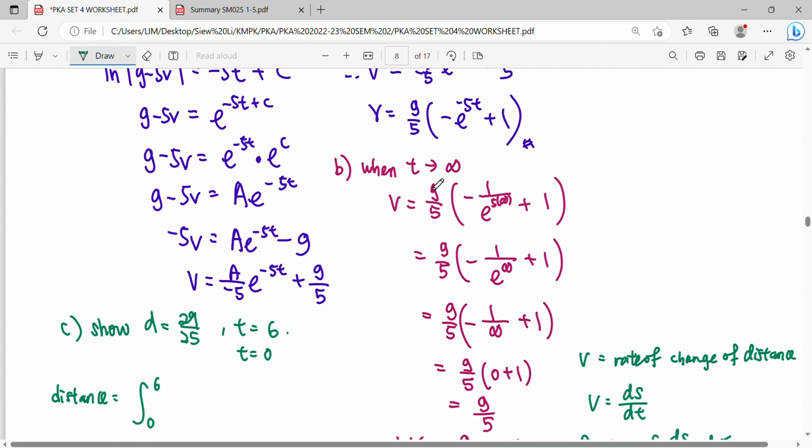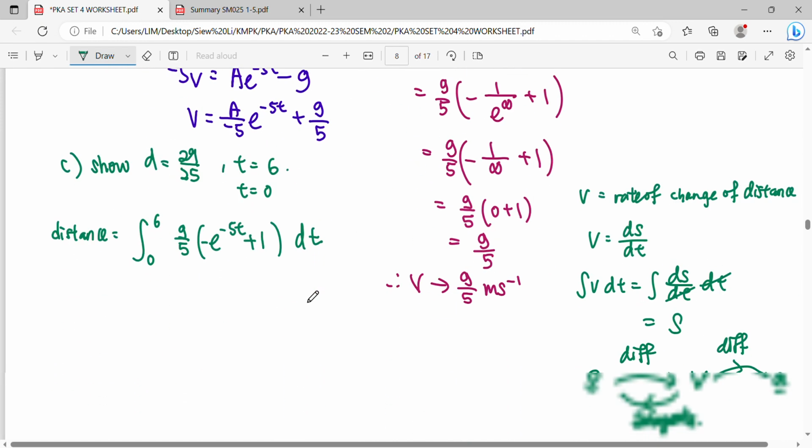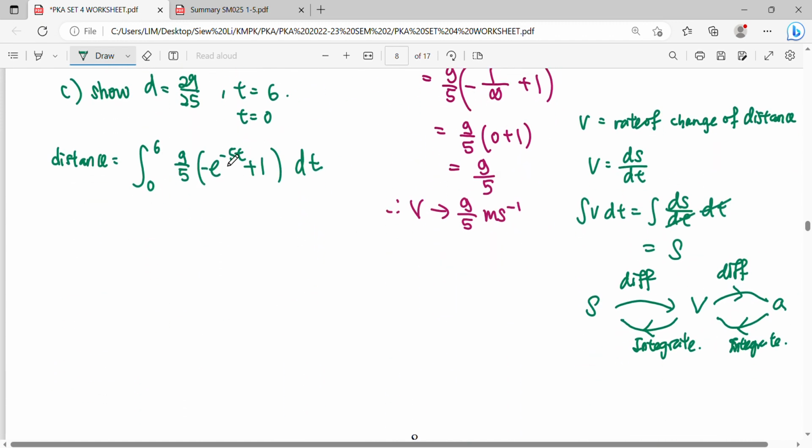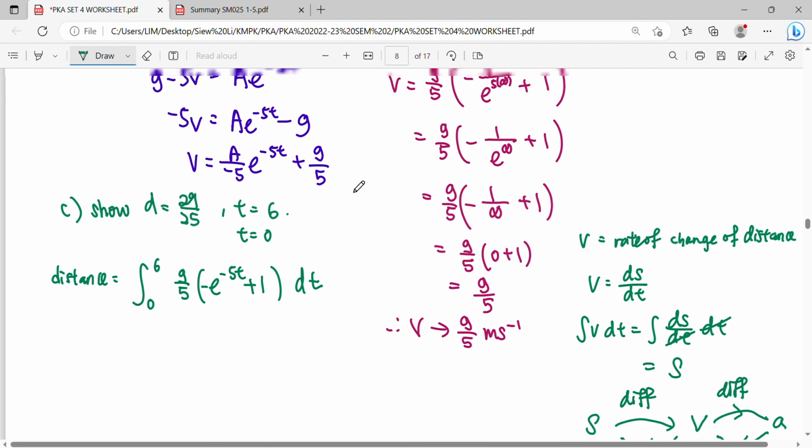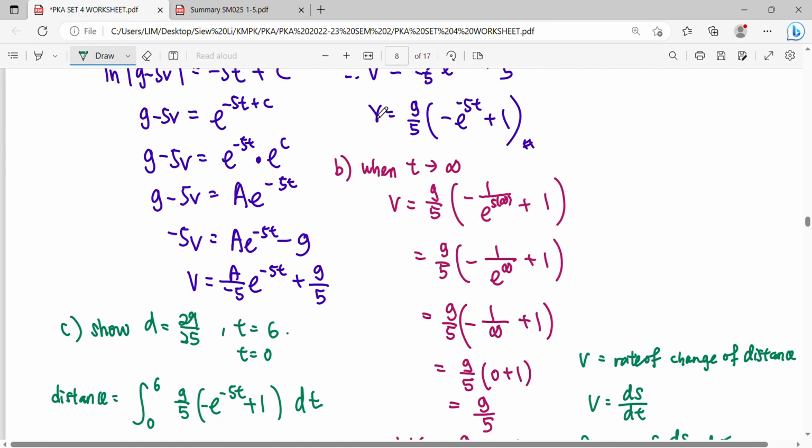Our equation of velocity, g/5 times (negative 5t plus 1), with respect to time. Can? Do you understand this formula? Integrate the equation V. Integrate velocity, we get distance.